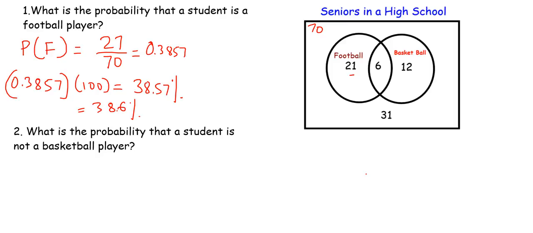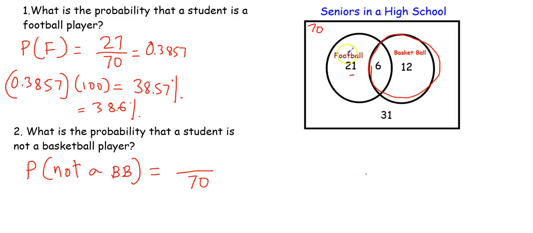So the numerator is non-basketball player and the denominator is the total number of students. I'll write P of not a basketball player is equal to, like I said, the denominator is going to be 70 only because total number of seniors, and on the numerator I have to exclude this set. The basketball set has to be taken off.